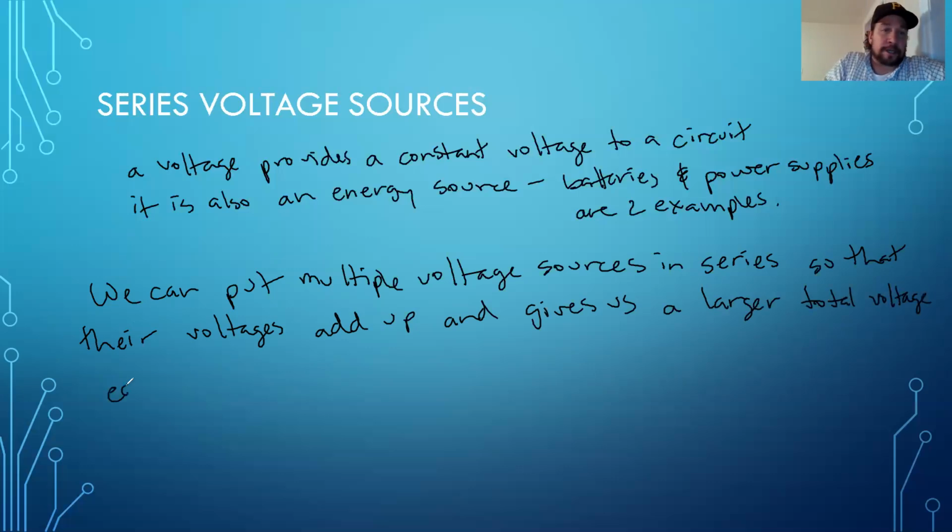So that kind of looks like this. If we have a starting point here, we put a battery there, we put another battery there, and another one here, okay? And we say that they're all 1.5 volt batteries.